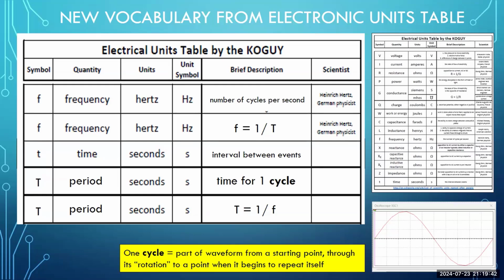You get there by being able to speak competently, confidently, and authoritatively. How can that happen? Well, you practice in lab. You go in the lab next time, you say, I can define one cycle. And you say, one cycle is that part of the waveform from a starting point through its rotation to a point when it begins to repeat itself. So there, be confident. All right, let's go on to the next one.